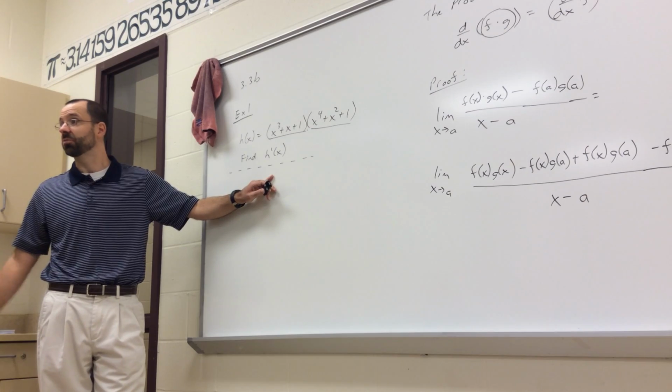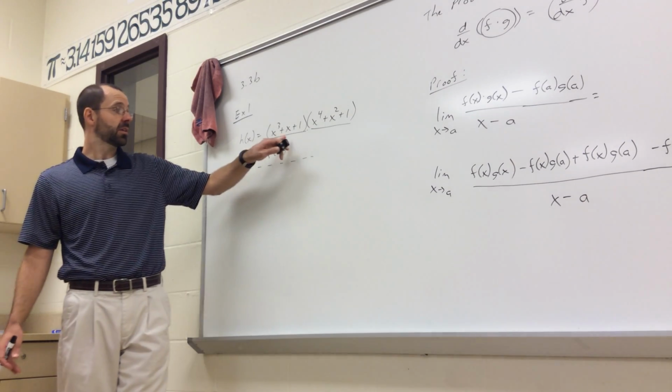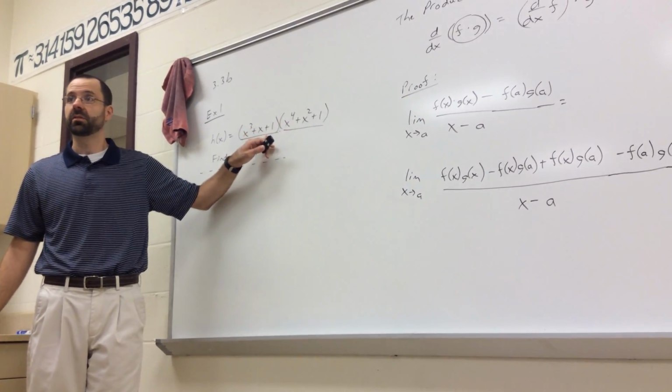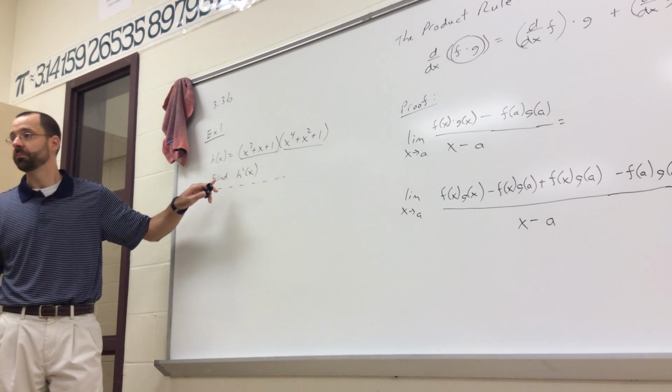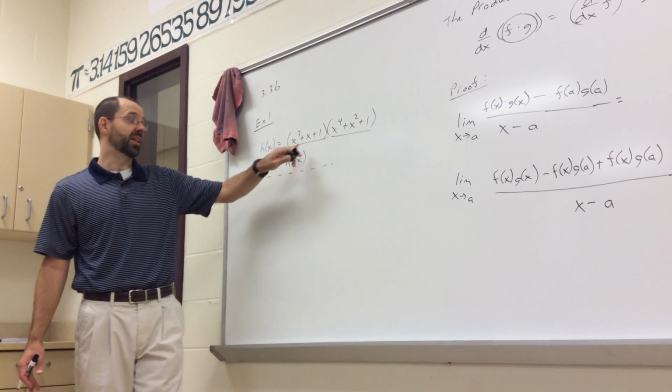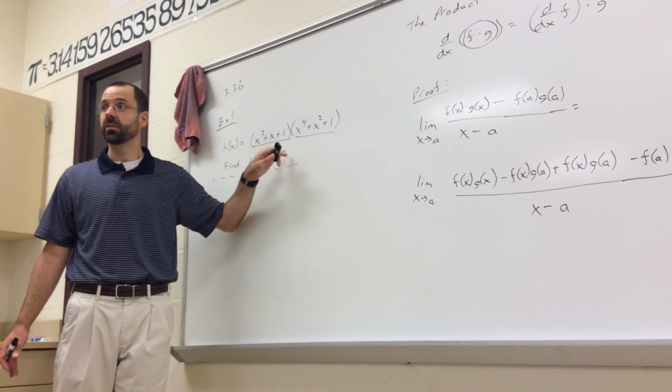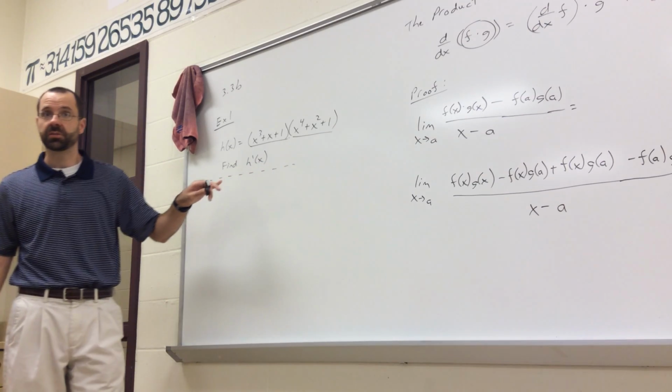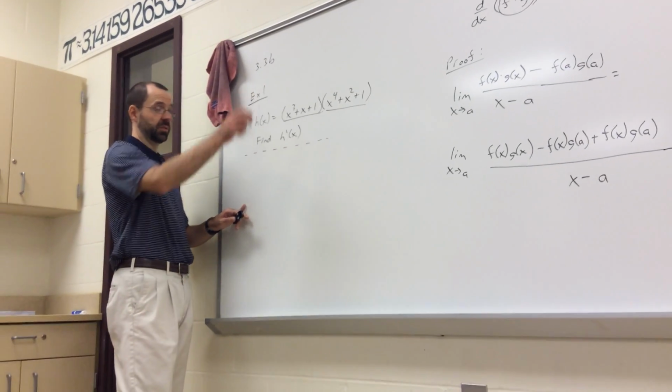So you use the product rule whenever you're taking the derivative of two things multiplied together. So that product rule applies here because we are taking the derivative of a function that is two things multiplied together. Okay, so since we're going to use the product rule, we'll just use that rule over there.